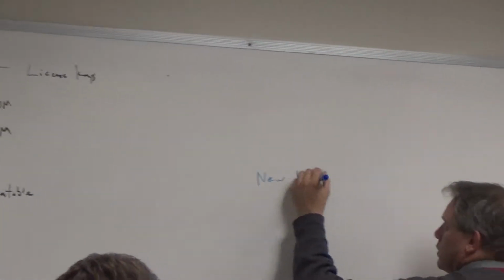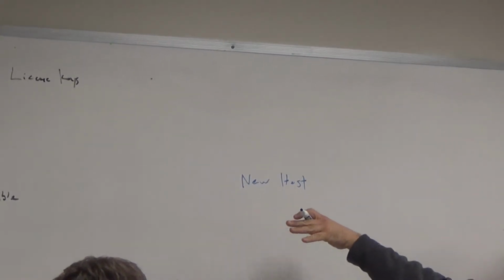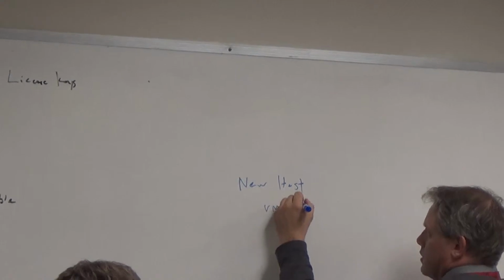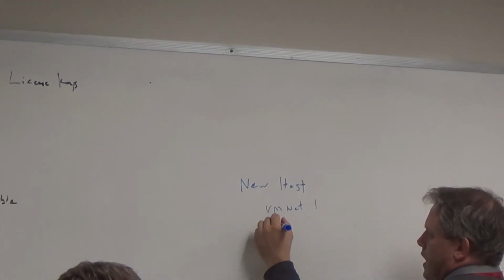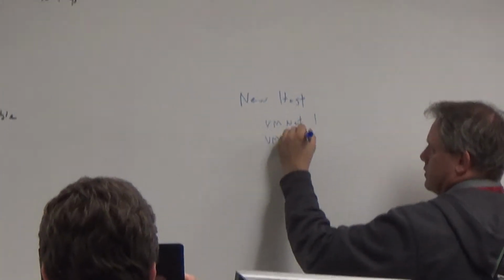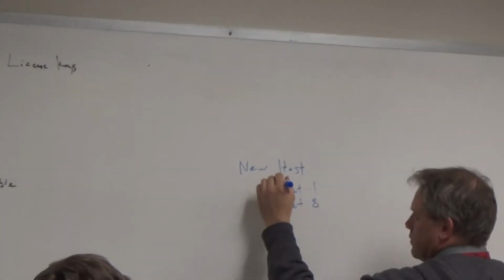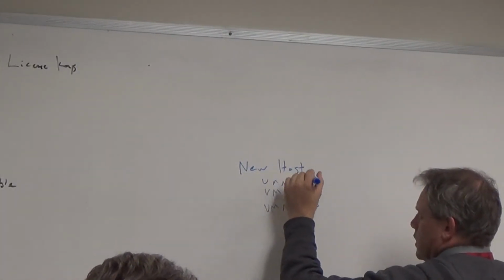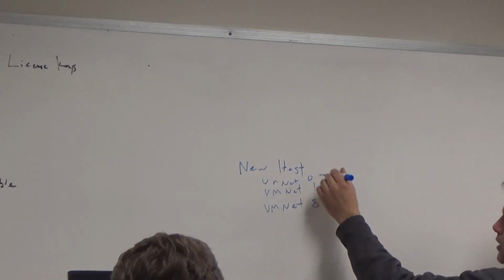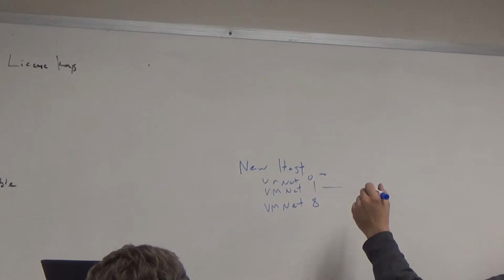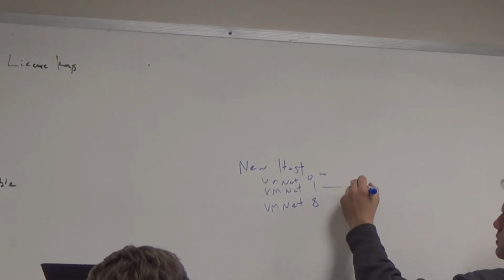VMware will come standard with VMnet 1 and VMnet 8. Right? And VMnet 0. You never use 0, so don't even worry about that. VMnet 1 is your bridged connections.